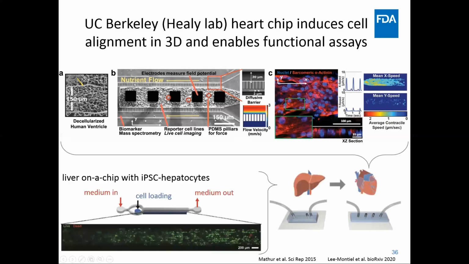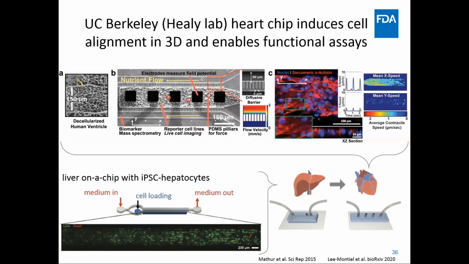In addition, they have developed a liver chip that was designed to culture iPSC hepatocytes, and this work has been published recently on bioRxiv, so it's still very early. And they have the ability to connect the liver chip to the cardiac system in a controlled manner where media can flow and the flow of media can be controlled in terms of transitioning from one system to the other.